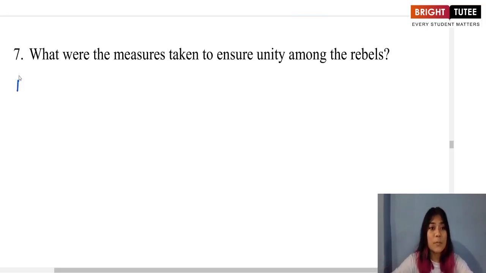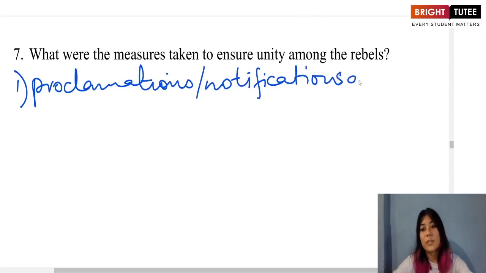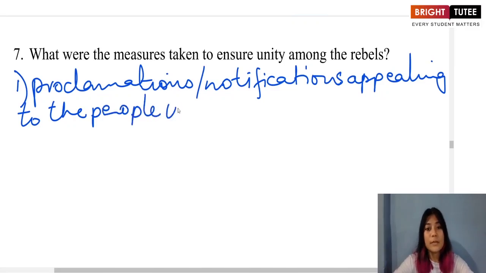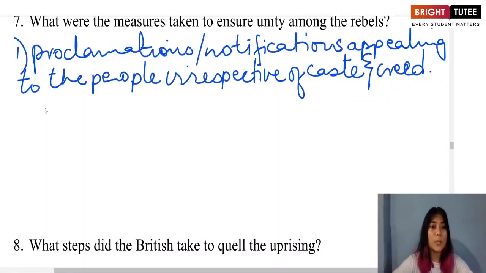Number one was the proclamations and notifications appealing to the people, irrespective of caste and creed. That was number one point.